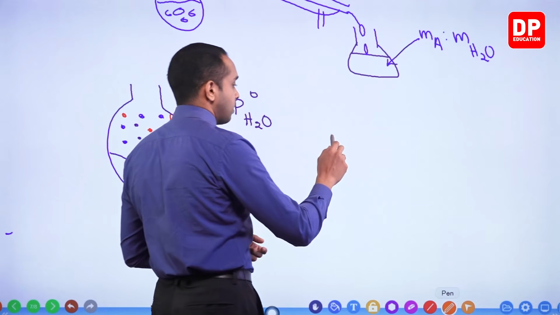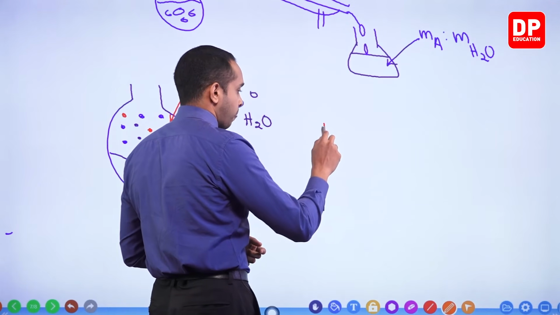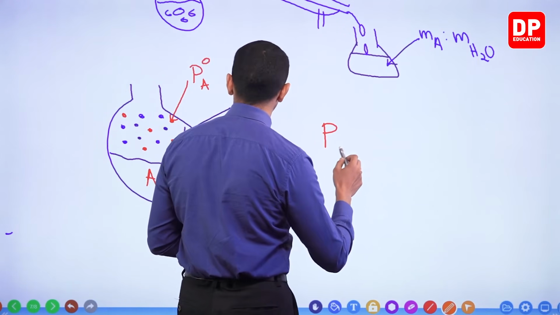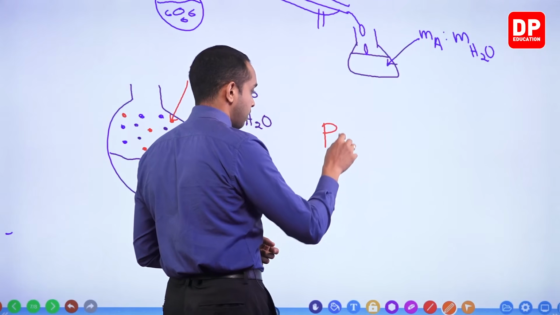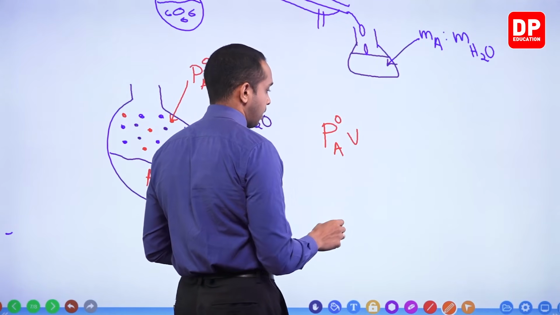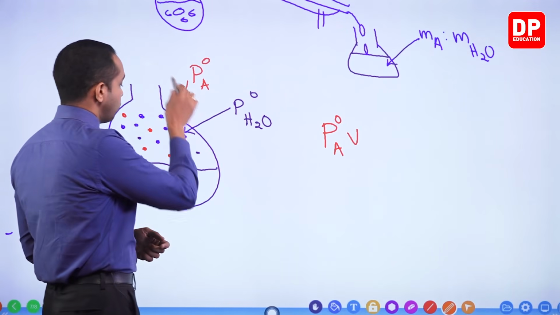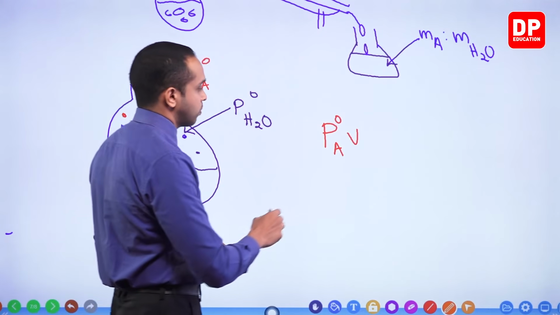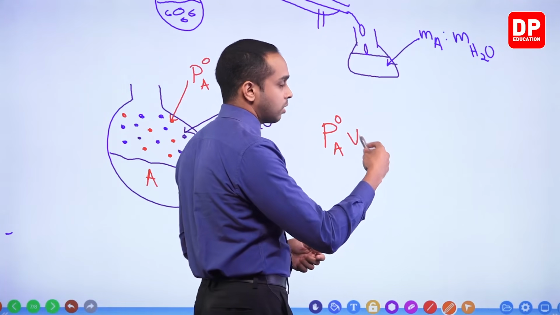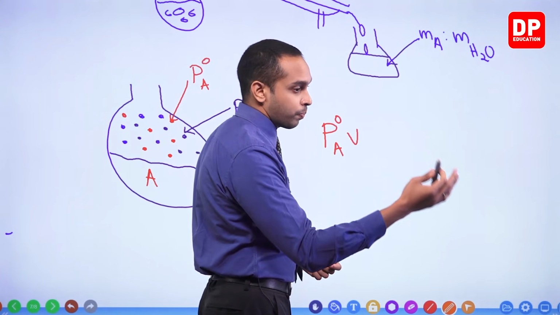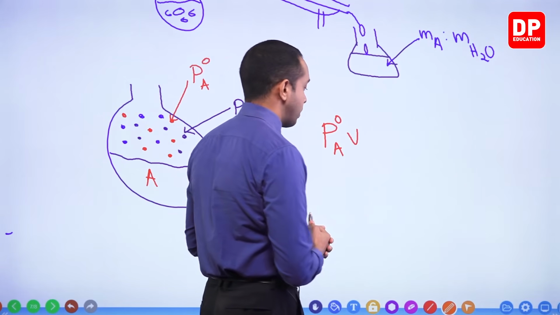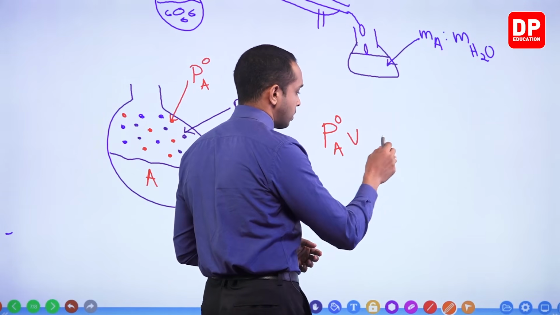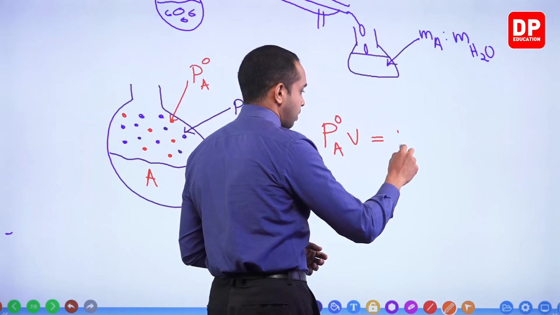So we can write the partial pressure of the essential oil A multiplied by the volume. It is spread in this entire volume. Let's say this volume is constant. It is going to be the same volume through which the water vapor is also spread. So the volume is the same. Then we have n.